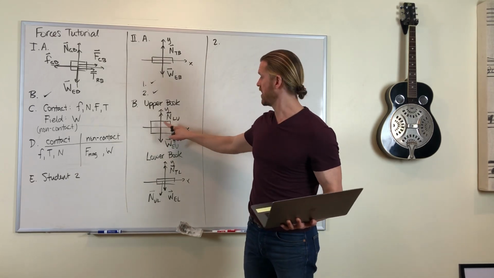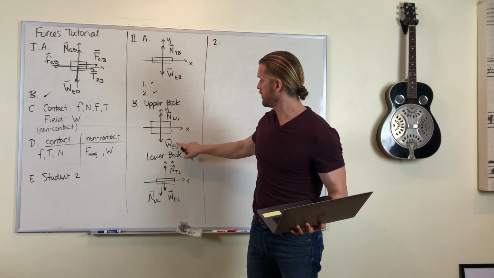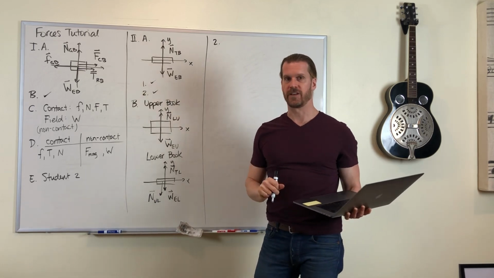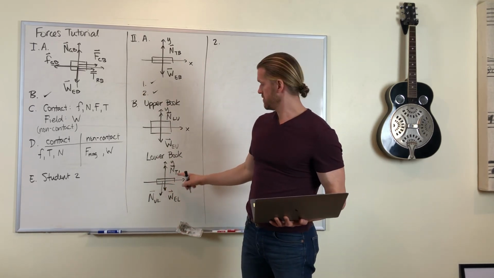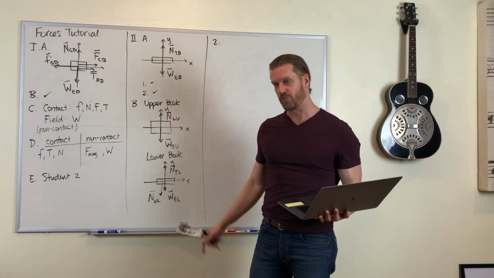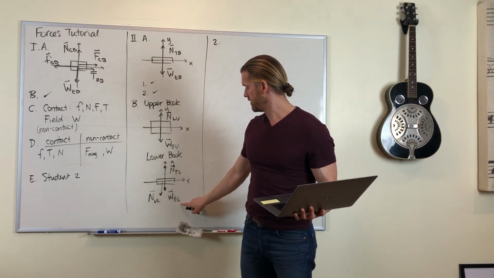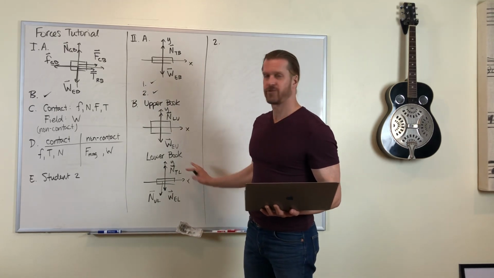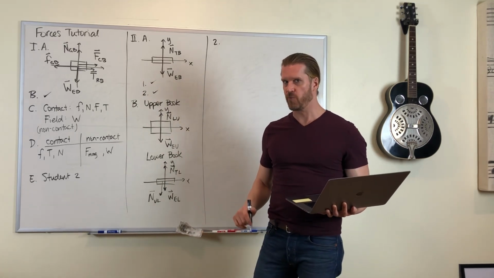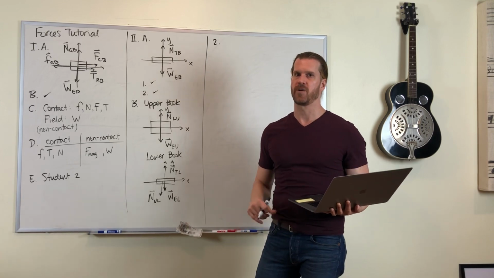For instance, here's the upper book, and you can see that each of the forces have U as that second subscript. In this other free body diagram, the object of interest is the lower book. All the forces have L as the second subscript. So there can never be the same force in two different free body diagrams.